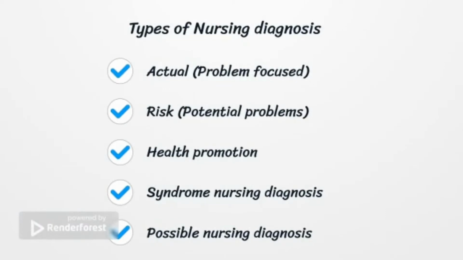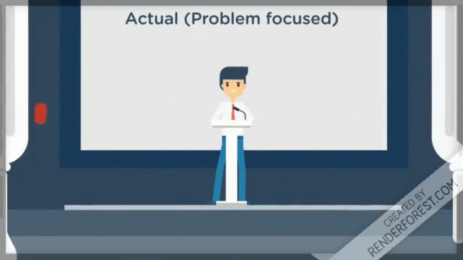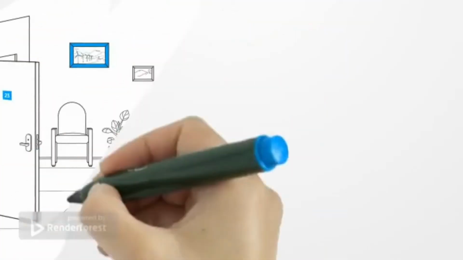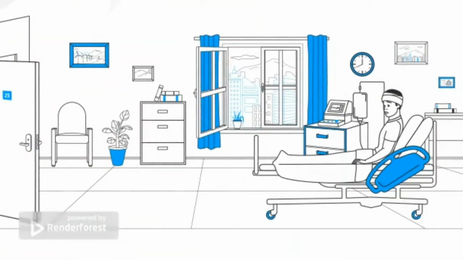So we're taking the actual nursing diagnosis first, and it is basically what is actually existing now. They're like actual situations, actual problems. Does the patient have a headache? Yes. If the patient has a headache, then it is an actual problem. It exists currently. For this nursing diagnosis we use the 3 parts. The 2 parts will come later, but let's just briefly brush through it.